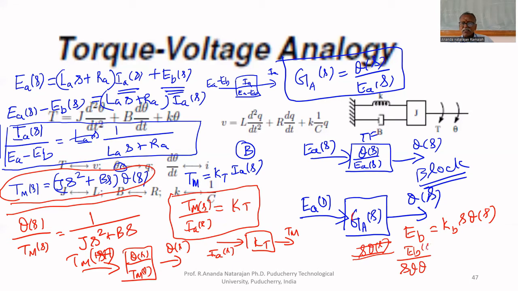EB of S over S theta of S equals KB. Another transfer function, another block, which can be represented as KB. The input is S theta of S and the output is EB. If you combine all these blocks together, you will get the block diagram representation of armature control DC motor.